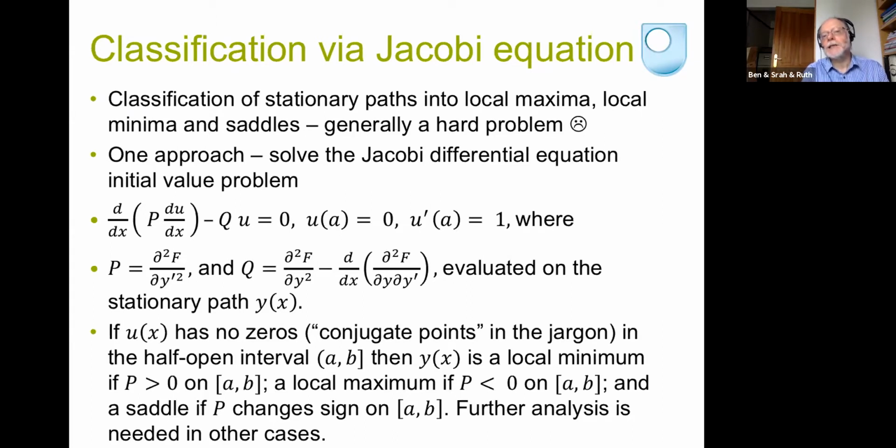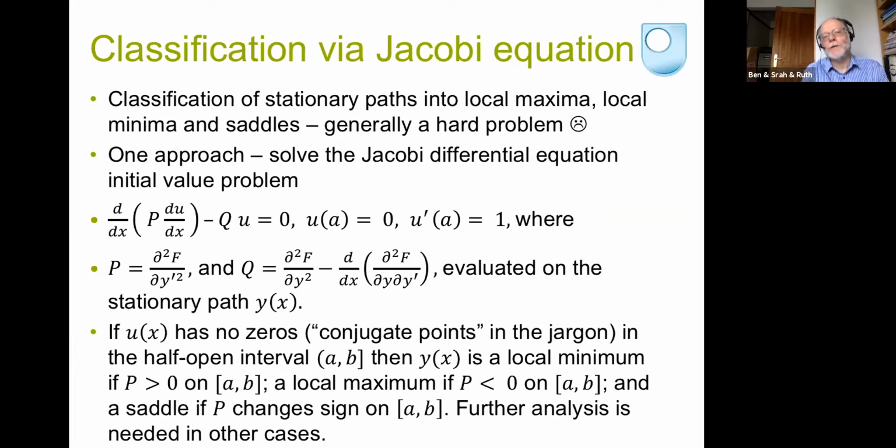It's an initial value problem, while the Euler-Lagrange equation is a boundary value problem, but it's dependent, as I say, on the functional and also on the stationary path, and the coefficients of the Jacobi differential equation are given in terms of the functional and the stationary path by these formulae. And the important thing is you solve this equation with the given initial conditions, and then you look for what are known as conjugate points in the jargon.